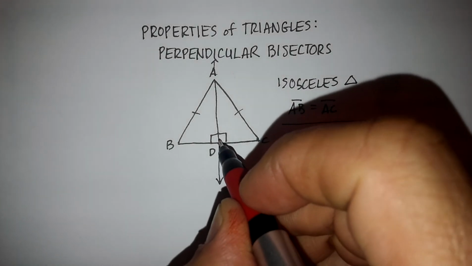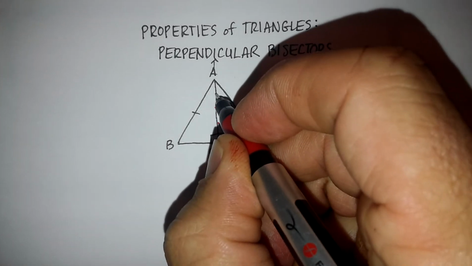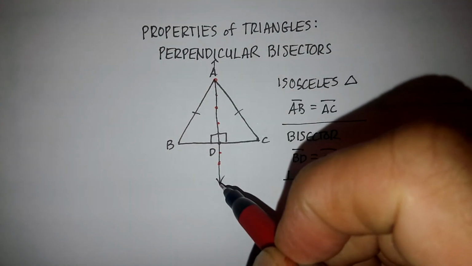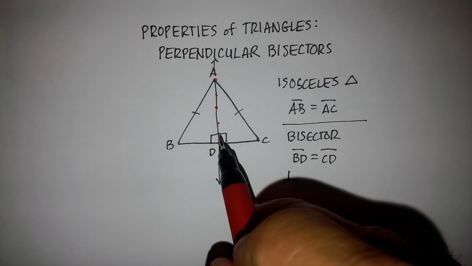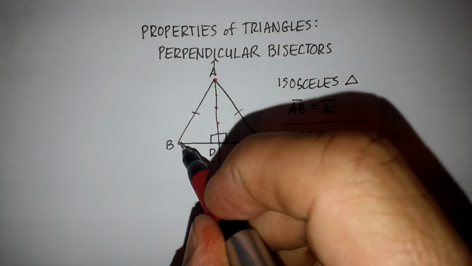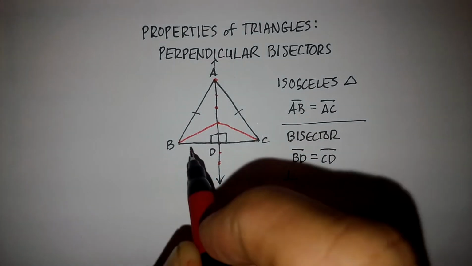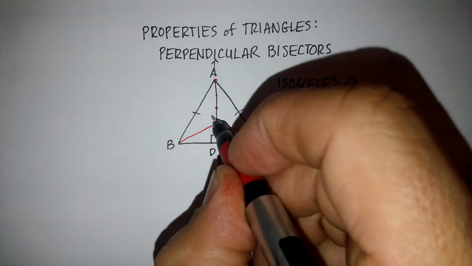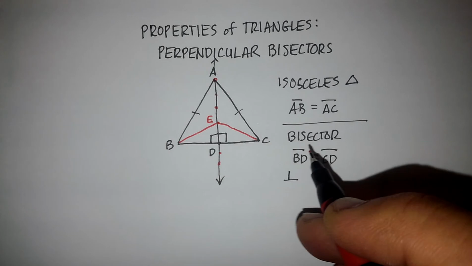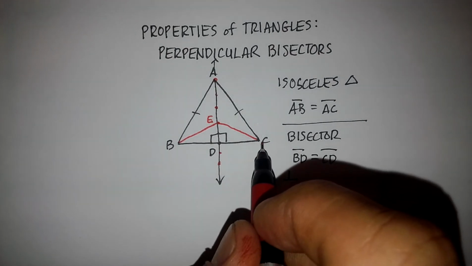That means that any point on this line, and let's just create a few points here, okay? And let's even do that one. That means that any point on this line is also equally distant from the two ends of the line segment. That means if I were to draw that, and I'd have to give this a label, let's call that E, that means that line segment BE would be equal to line segment CE.